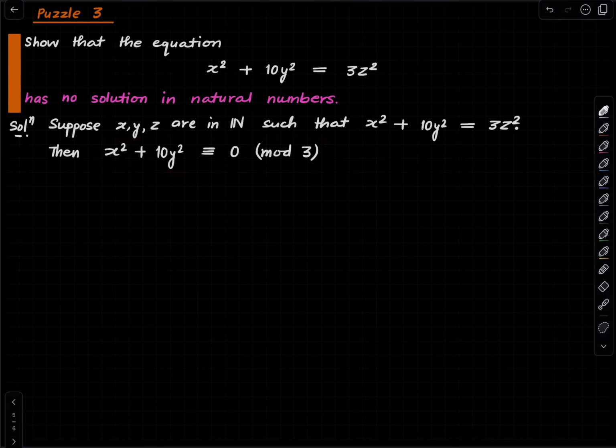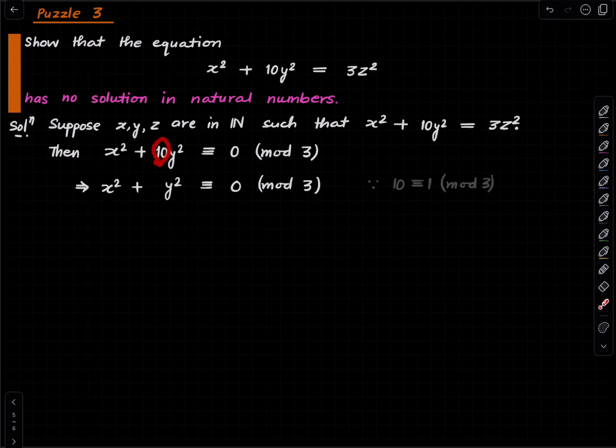But this implies that x square plus y square is congruent to 0 mod 3. And the reason is just that 10 is congruent to 1 mod 3.